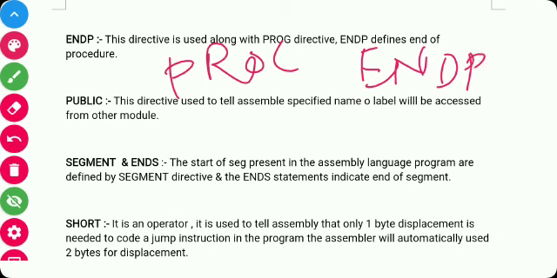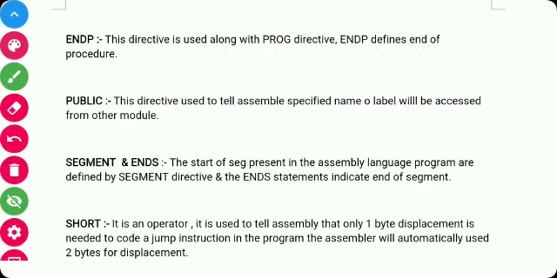To define a procedure, the PROC and ENDP directives are used. PROC is used at the start of the procedure and ENDP defines the end of that procedure. Next is PUBLIC. This directive tells the assembler that the specified name or label will be accessed from another module. So we can call PUBLIC an access specifier.